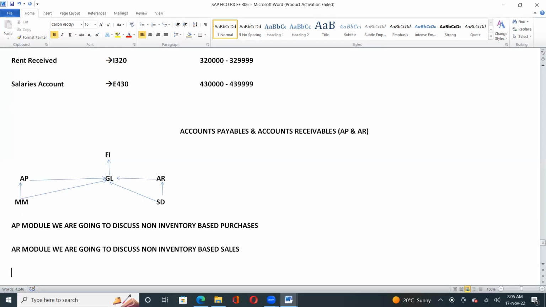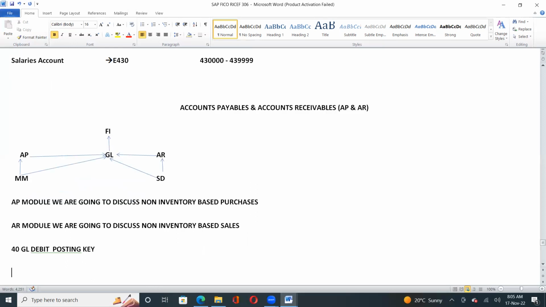So here, what is the GL debit posting key? We are going to talk about posting keys. 40, correct. 40 is the GL debit posting key, and 50 is the credit posting key.